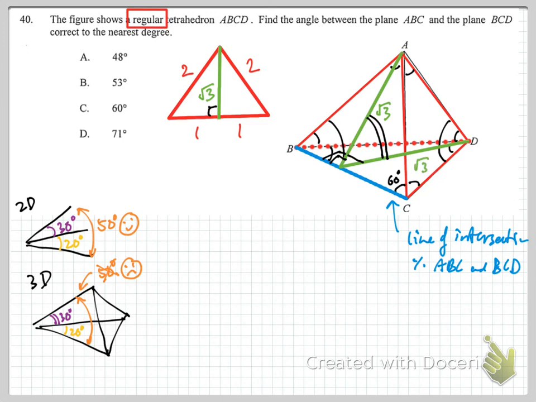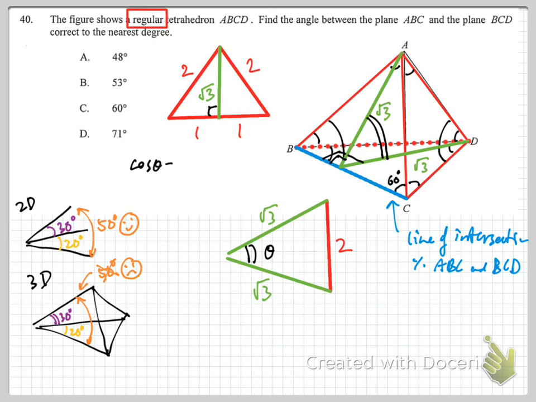So now we have the red line and the green lines. The red line is AD. We have the two green lines here, and the angle between the planes is this angle. We have root 3 and root 3, and we have the 2 here. Remember, I take each red line to be 2 units. So you can invoke the triple S cosine formula to find theta.